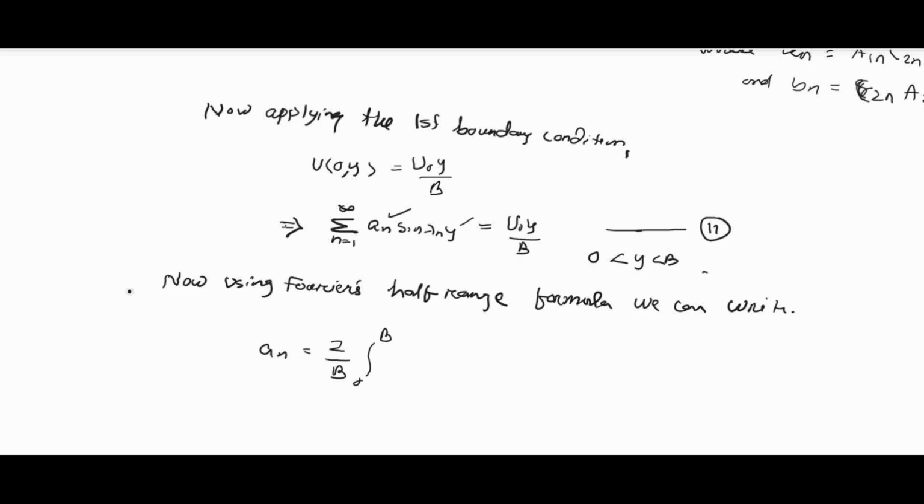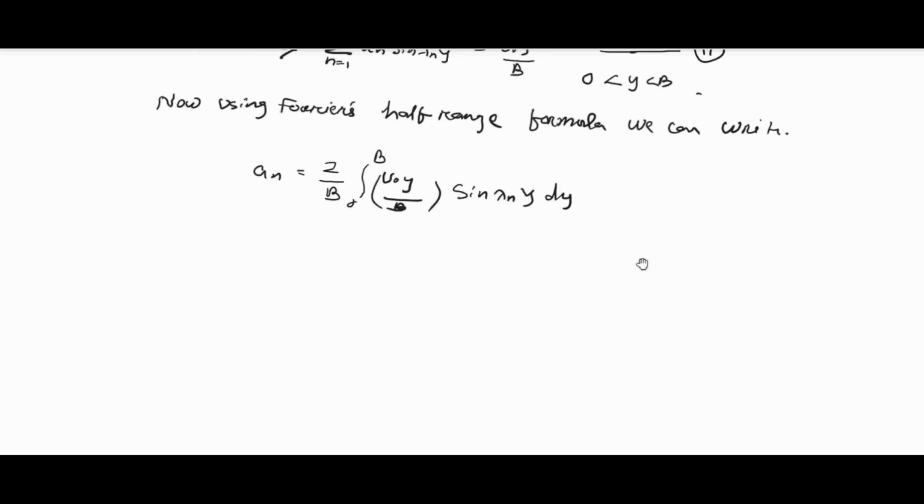Then what is the f(x) here? In this case it is f(y), u0 y by b. So u0 y by b whole into sin(λ_n y) dy. Clear? This will give us the value of A_n.